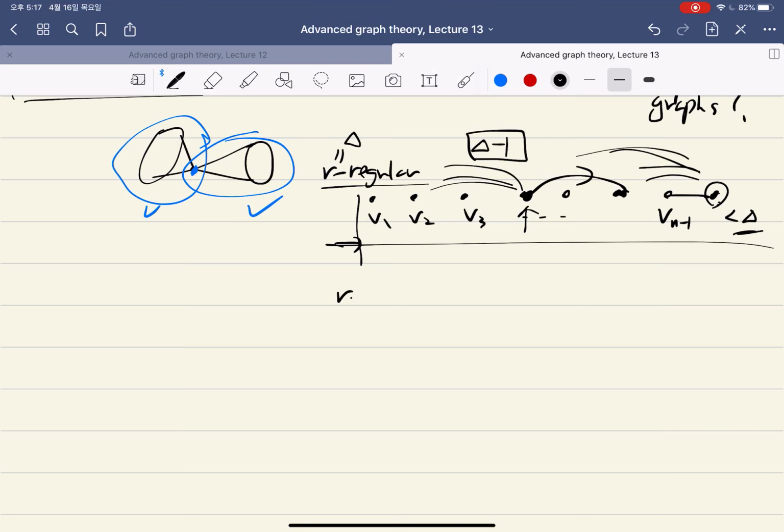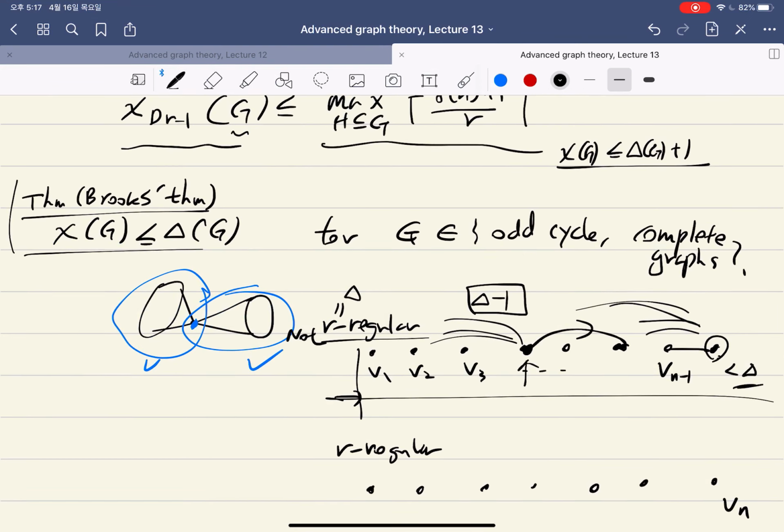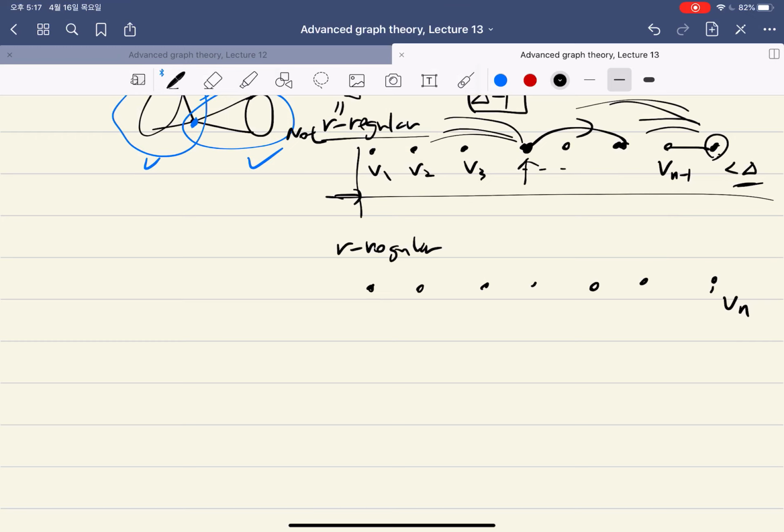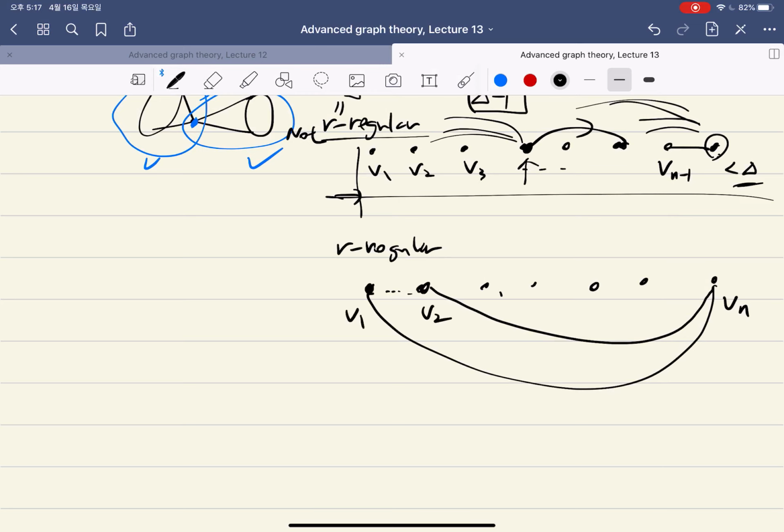And if this is R regular, then basically what you do is you put Vn here, and then if this is not a complete graph, you can actually ensure that it has at least 2 neighbors which are non-adjacent. And you put these 2 at the beginning, and then later again you make sure that this property holds: every vertex has a later neighbor.